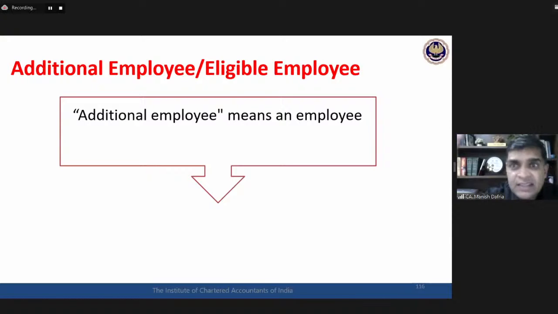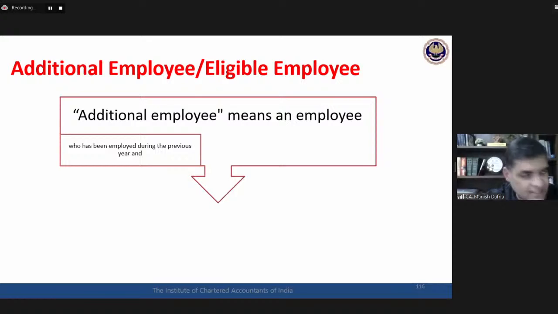If this employee can be treated as an additional employee, then with respect to these wages I will get this 80JJAA deduction. So whether an employee would be treated as an additional employee or not, what does it mean? The first condition is this: he should be a new employee, who should have been employed during the previous year.